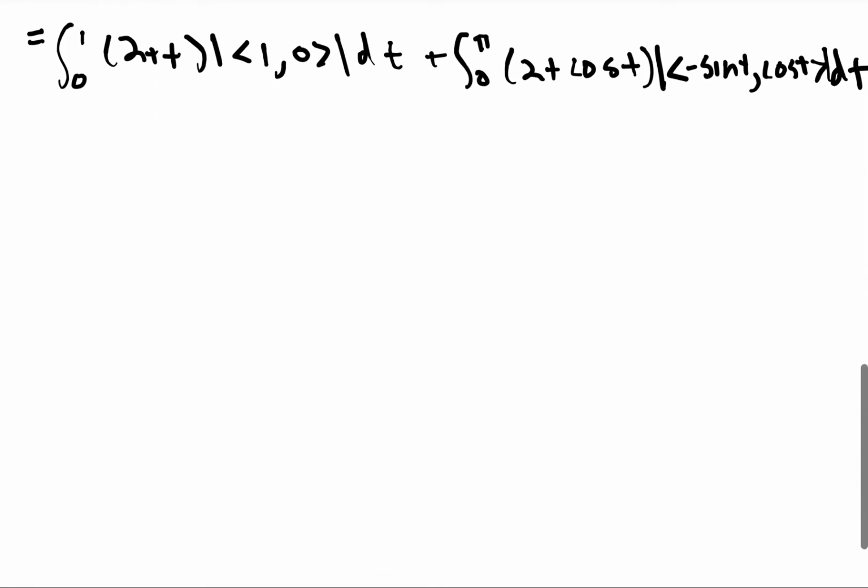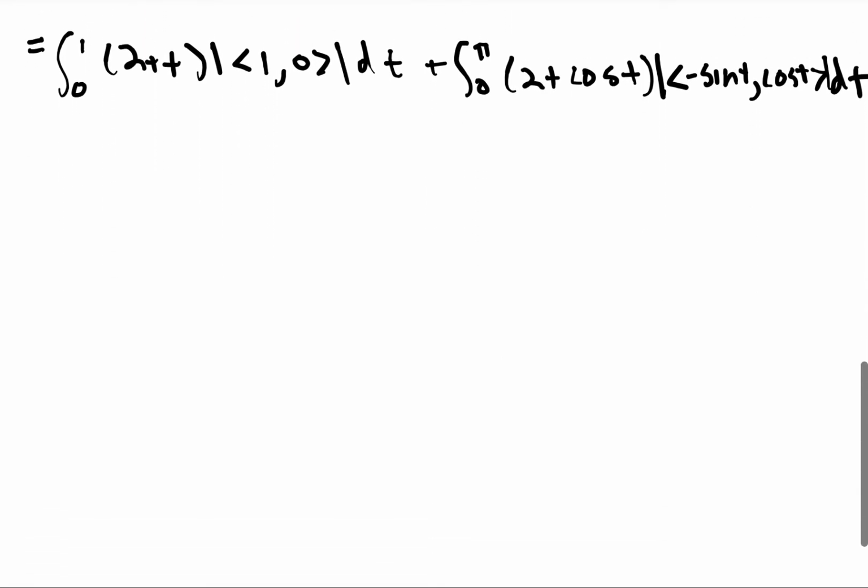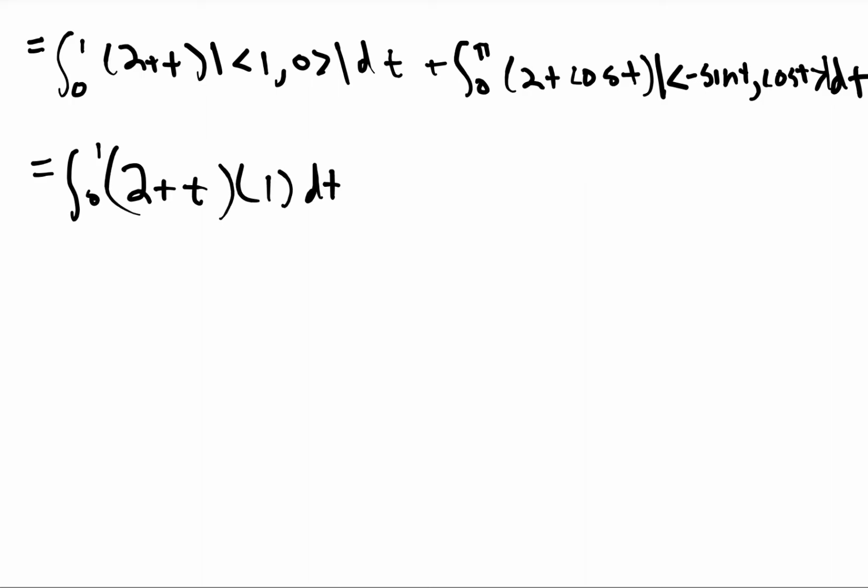Now, as far as evaluating this, well, here, my magnitude of the 1, 0 vector, you can sit there and shove it into the square root formula all you want, or you can note it's only a unit long. So that's just going to simplify down to 1. That thing is 1 unit long.